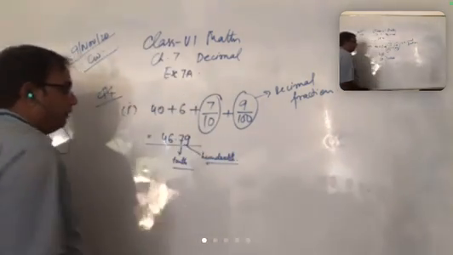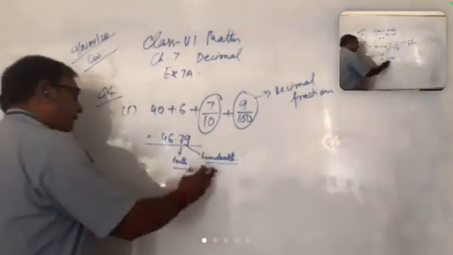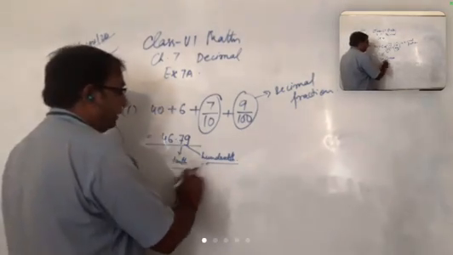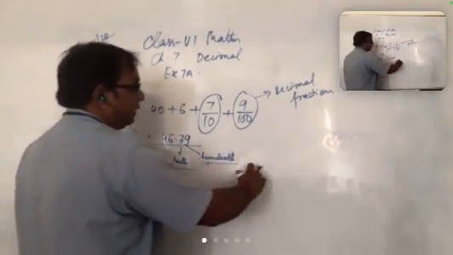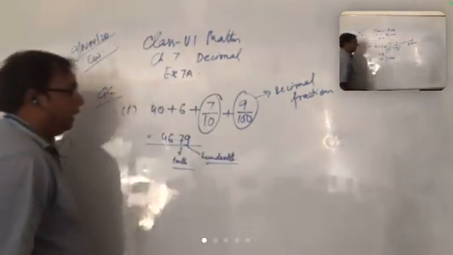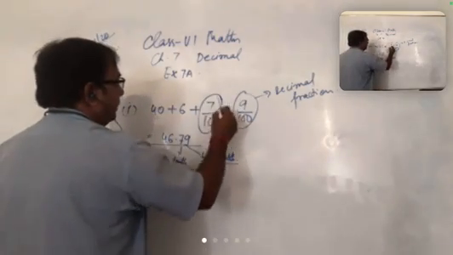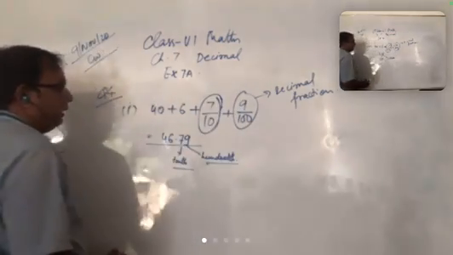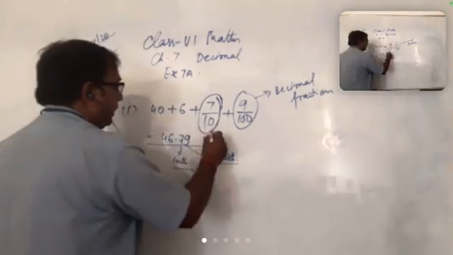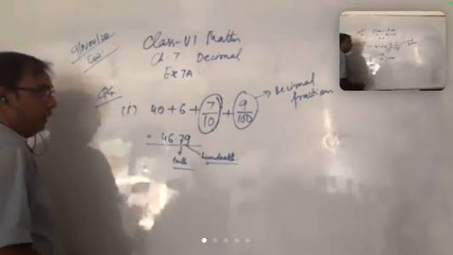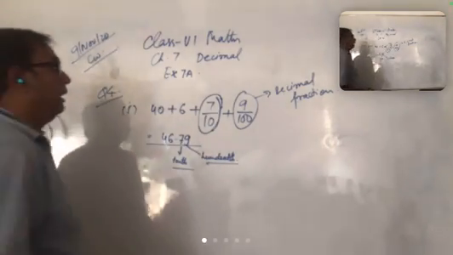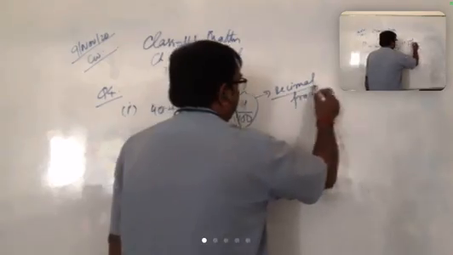After the decimal, the first place is the tenth, and the second is the hundredth, then thousandth, then ten-thousandth, like this. And any number written with a denominator 10 or 100 or 1000 or anything, we say it is a decimal fraction.